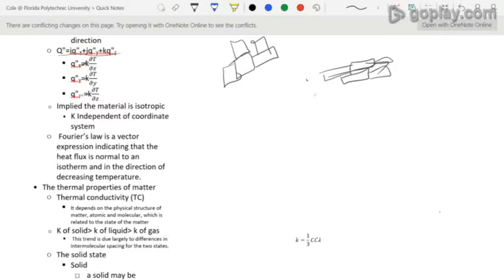So like solid, liquid, or gas, or there's also plasma as another state of matter, but we're just going to deal with solid, liquid, and gas in this book. The thermal conductivity has a trend to it: the thermal conductivity of solid is greater than that of liquid, which is greater than that of gas. As you can tell, this trend is due largely to the differences in the intermolecular spacing of the two states.